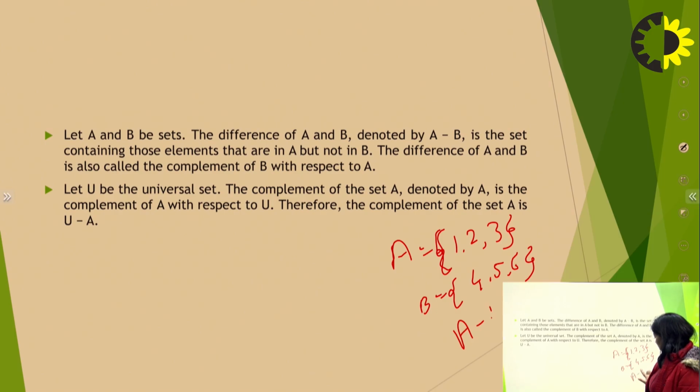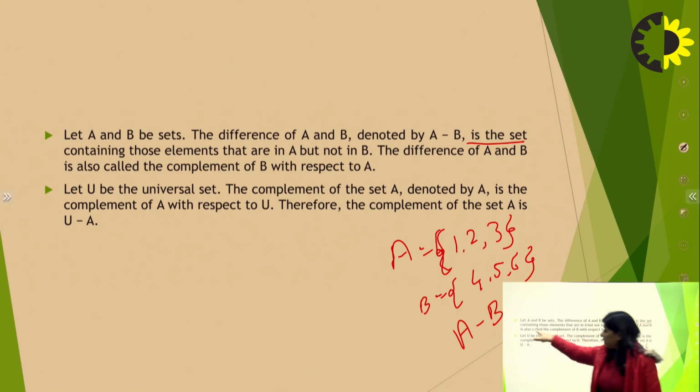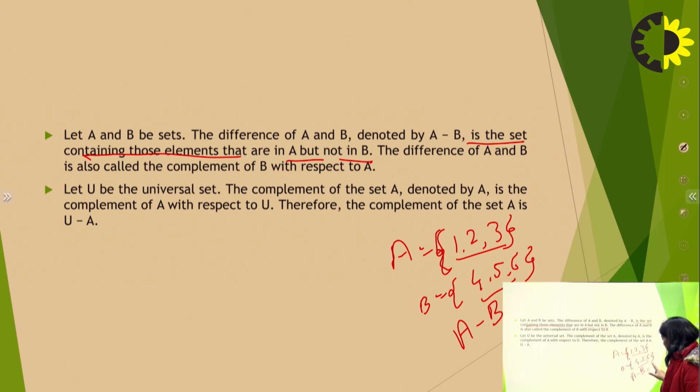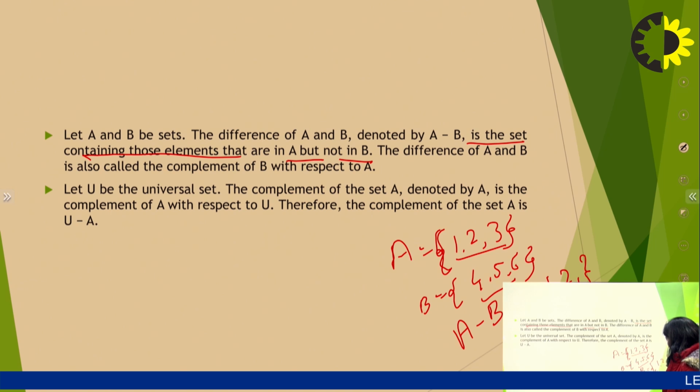So A minus B is the set containing those elements that are in A but not in B. So the answer would be {1, 2, 3}.